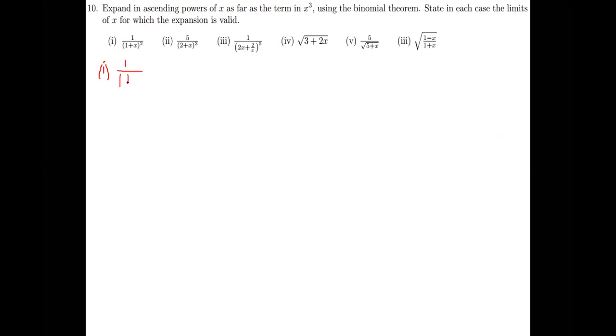Then it's going to be 1 plus x, and then everything squared, is equal to, so this one in other ways we can write it as 1 plus x, and then everything in brackets, then to the power negative 2.